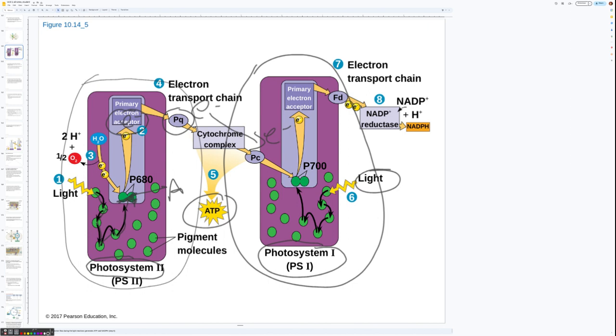So what's the point of it going from one to the other? In this first photosystem, we generated ATP. That was the purpose. As we pass those electrons from one carrier to another, we were able to use that to generate a little ATP.